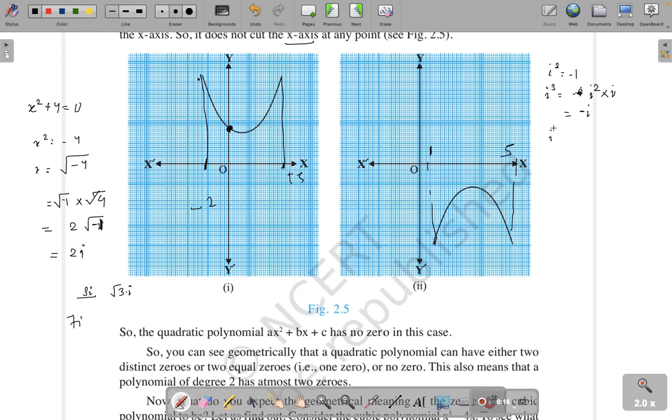What is the value of i to the power 4? Minus... No, no, it is not i. So minus i into i. See, what is the value of minus root 1 to the power 4?